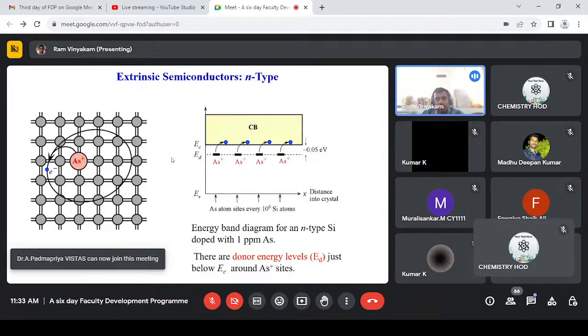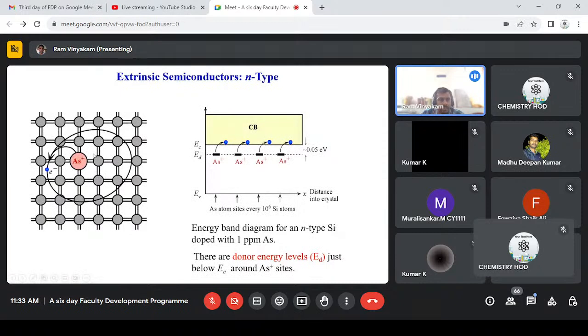To start with n-type: in the case of silicon, as we are aware of sp3 hybridization and covalent bonding, the arsenic will have an extra electron. What we have to understand is that when arsenic substitutes in the lattice, the extra electron, which doesn't take part in the bond, will move around the arsenic.